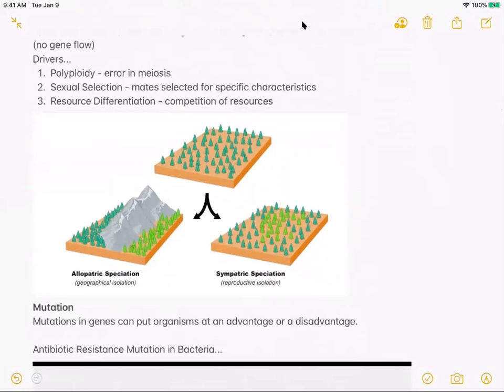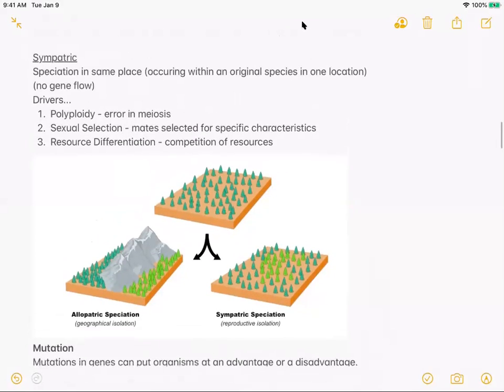So as you can see in the allopatric scenario, there's a mountain range that is now in between the land that had all of these pine trees. But because of this separation in the land, now you have one species of trees on one side and one species of trees on the other.